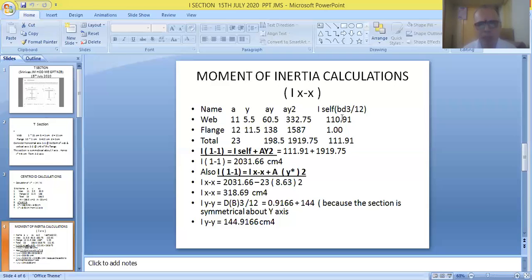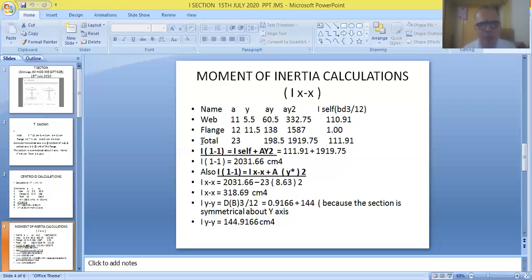You substitute again in the formula BD cube by 12, and it is obtained as 1.00 centimeter 4. So this is the way you have to proceed for doing the problems: measurement of A values, measurement of Ay values, measurement of Ay square values, and measurement of I self values.